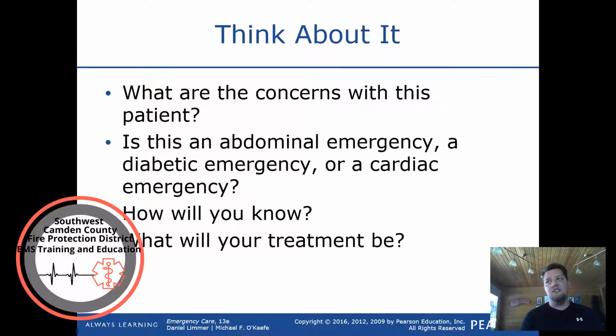So our assessment can really lead us down the right direction of how we're going to treat our patient, and what we need to do. So for this patient, we're going to do vitals, a good history of this patient, and oxygen if she needs it, and then we're going to call ALS. Okay.